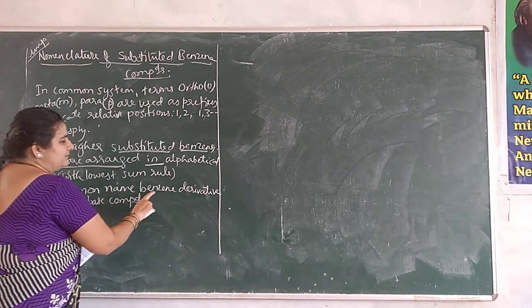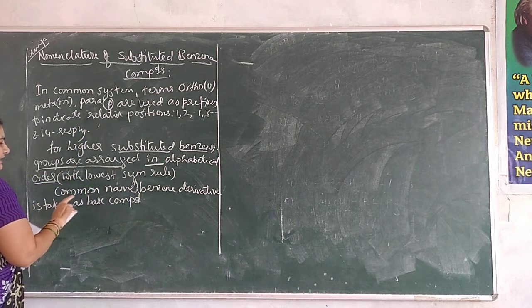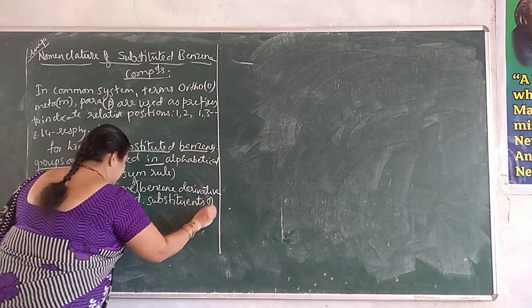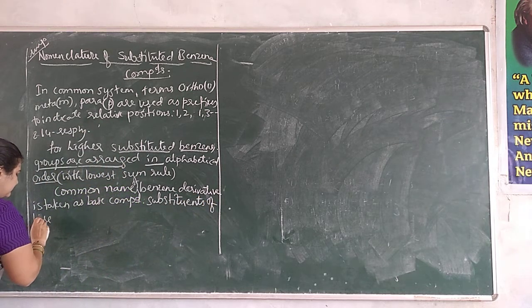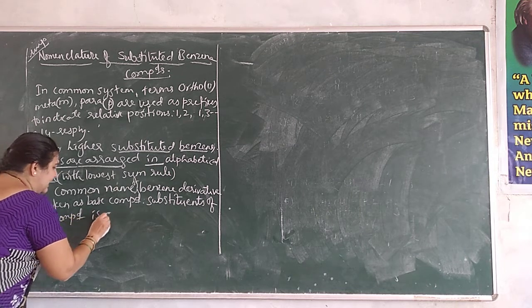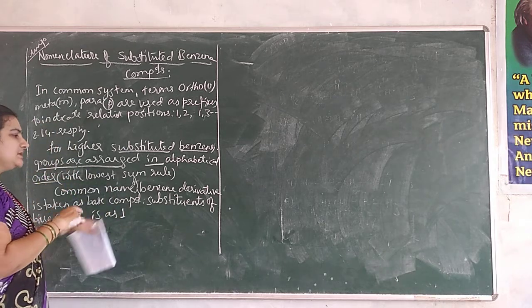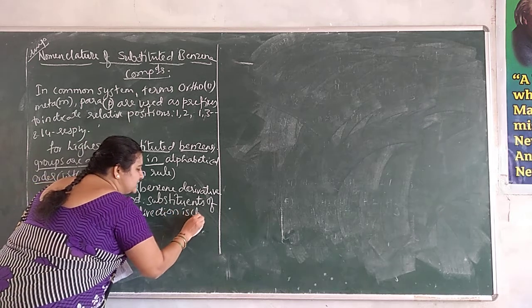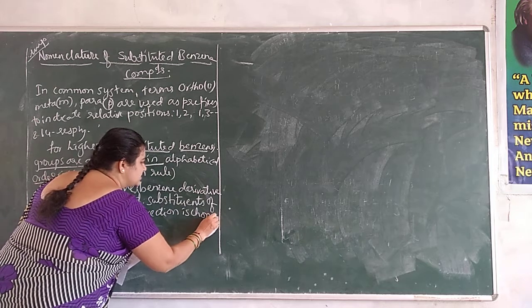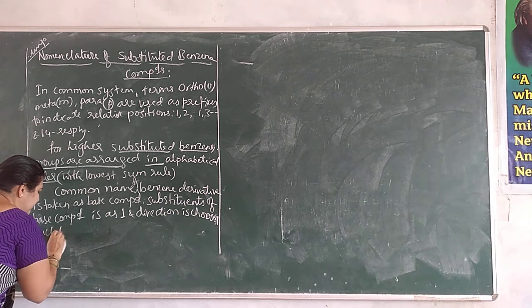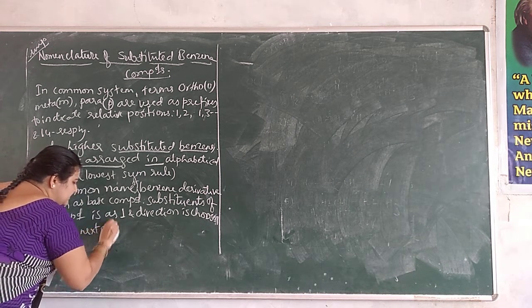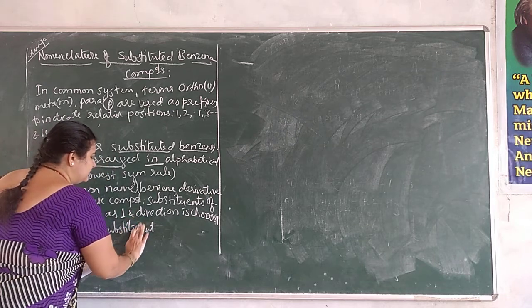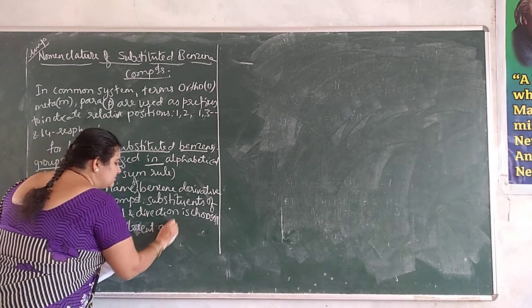The substituent of the base compound is numbered as 1, and the direction is chosen such that the next substituent gets the lowest number.